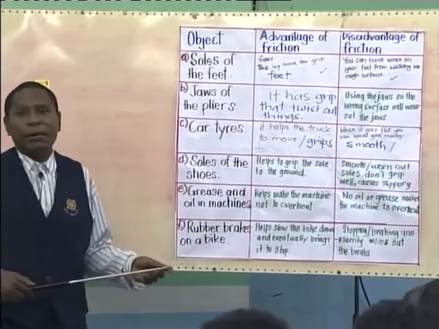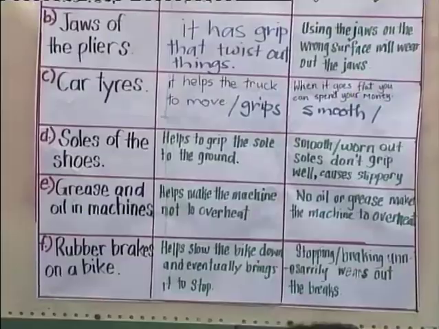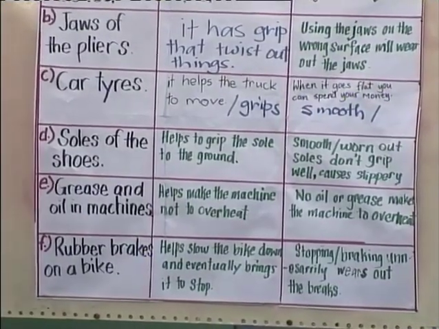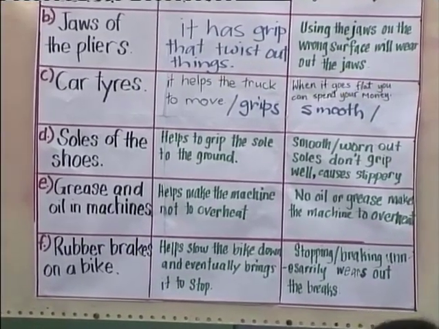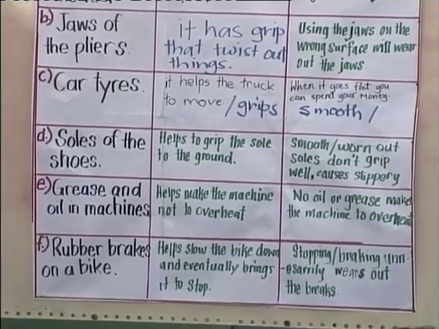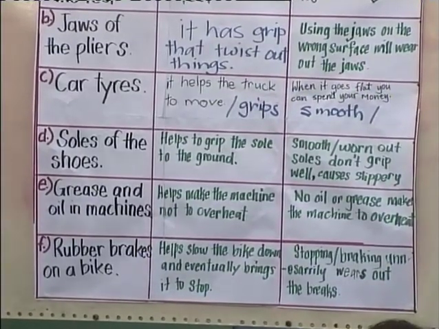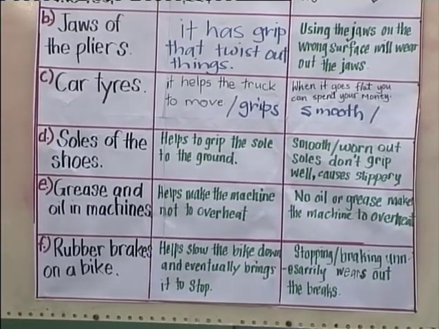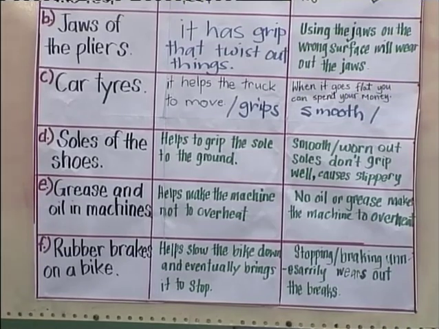The grease and the oil in machines help the machine not to overheat. That's one advantage of friction. The disadvantage is, no oil or no grease will cause the machine to overheat.